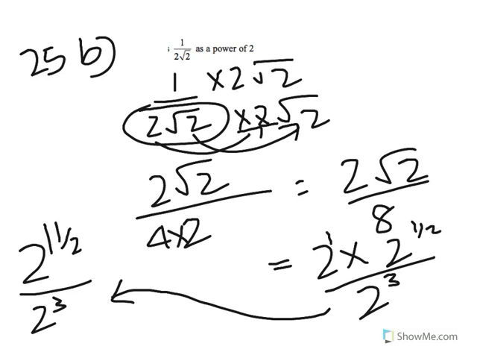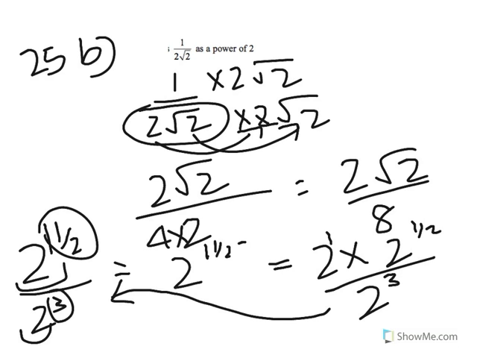When you have division of exponents with the same base, all you have to do is subtract their powers. So 2 to the power of 1 and a half minus 3 gives you your final answer, which is 2 to the power of negative 1 and a half.